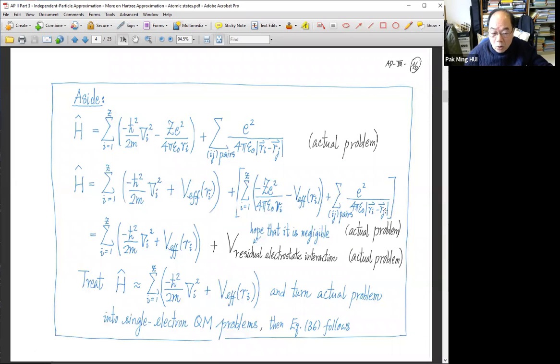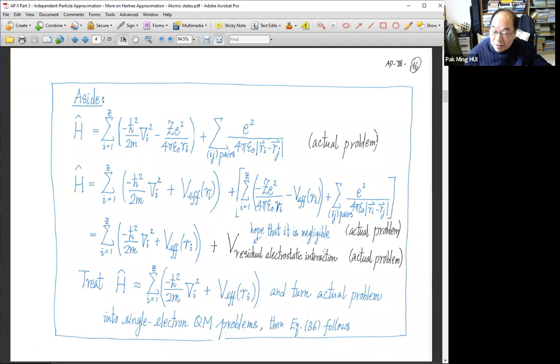What we are going to do is focus on this problem, that is a single electron problem plus central force approximation. And then we ignore this part. This part has a name. It's called the residual electrostatic interaction. Whether this is a good or a bad approximation remains to be seen. Look at the answer then, right?